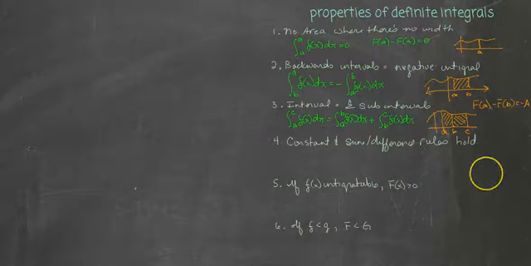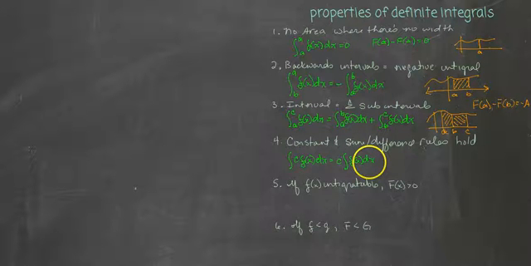So two of our old favorites hold. If I have a constant times some function of x dx, then I can take the constant out front and evaluate the antiderivative of just the function, and that holds true when I have intervals as well, or definite integrals. Also the sum and difference rules.